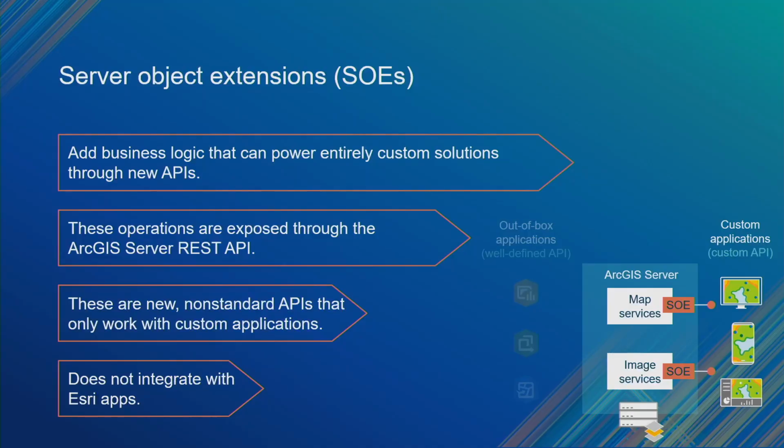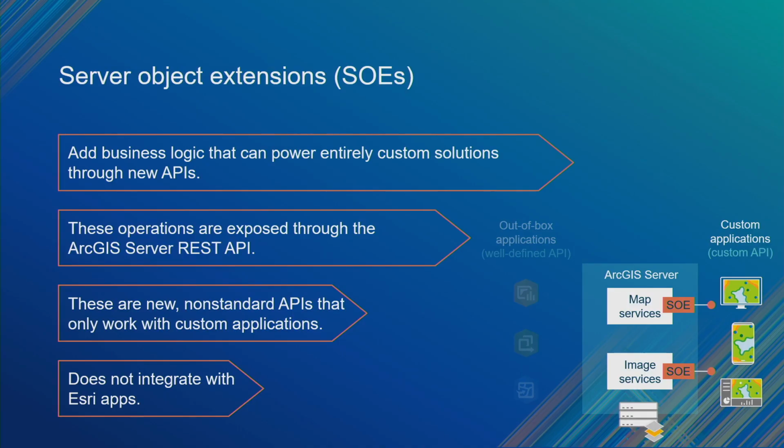So what are SOEs? SOEs allow you to add custom functionality to ArcGIS Server services. They run on the server and can perform complex geospatial operations that are not available out of the box. SOEs can expose new REST endpoints and enable custom operations. They can also integrate with external systems and databases, allowing for advanced data processing and analysis.